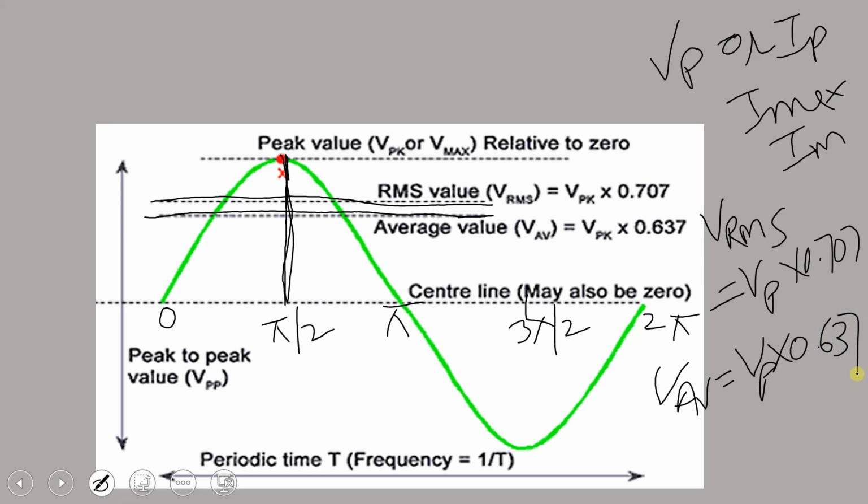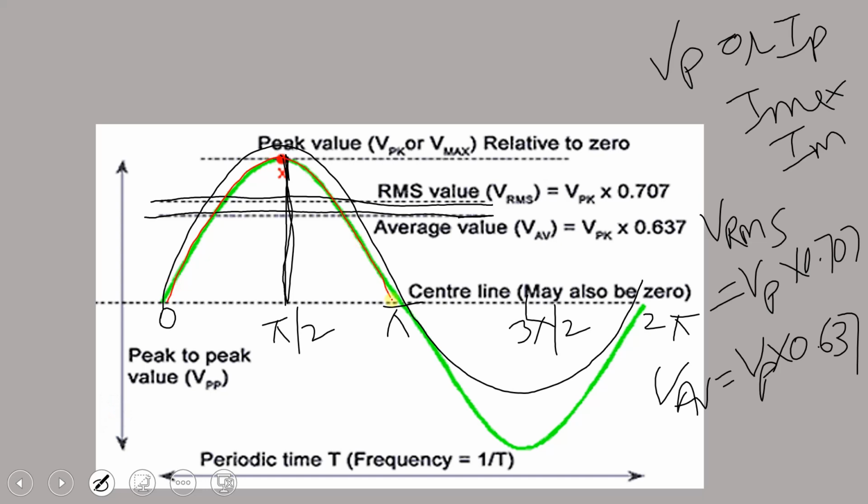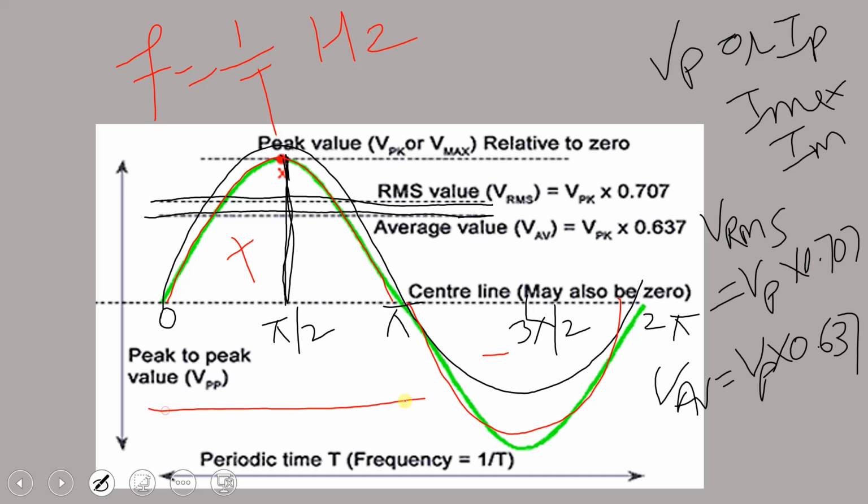This is one complete cycle, and this is called alternation. This is the positive alternation, and this is the negative alternation. Frequency is equal to 1 by T in hertz, and this is the one complete time period, the periodic time T.